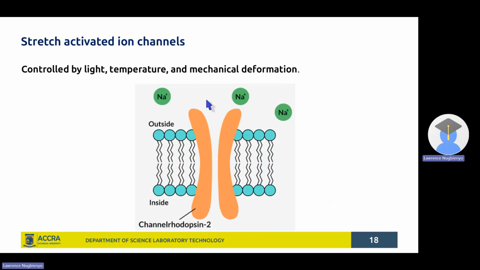So when light, because we see by light entering into our eyes, falls onto these proteins in the rod-like cells, this orange structure is what is depicting these particular proteins. Rhodopsin, the protein is rhodopsin. When light strikes it, it opens, and when it opens, it allows sodium ions to pass through it.